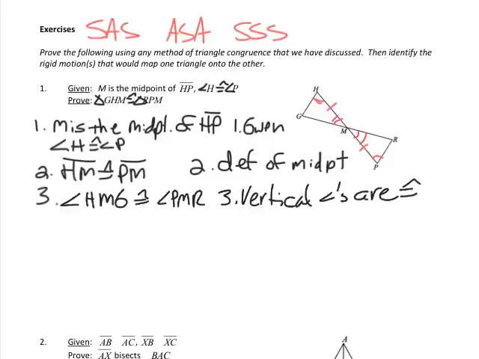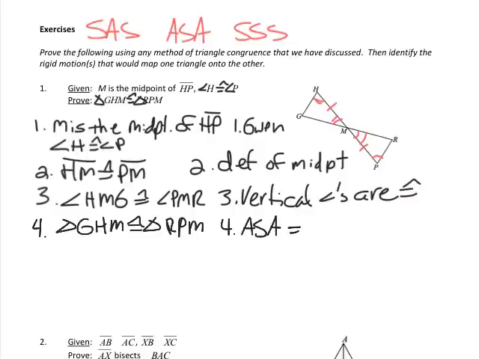All right, well that's sufficient. I have angle-side-angle. That is sufficient to say that the triangles are congruent. So triangle GHM is congruent to triangle RPM, and that is because angle-side-angle is congruent to angle-side-angle.